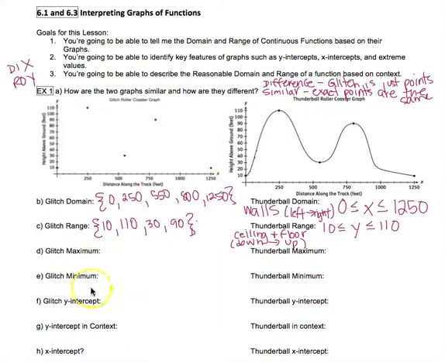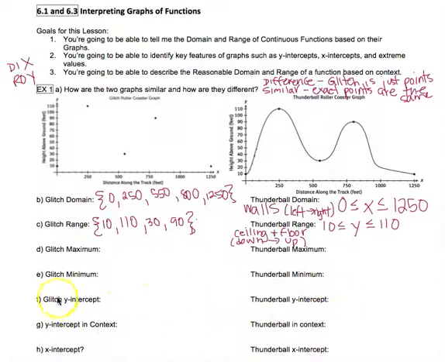All right, next key feature we're going to look at is maximum. And so there is a difference in something that we call a relative maximum and an absolute maximum. And we're going to define those momentarily. If it just says maximum or minimum, then assume that it's absolute.